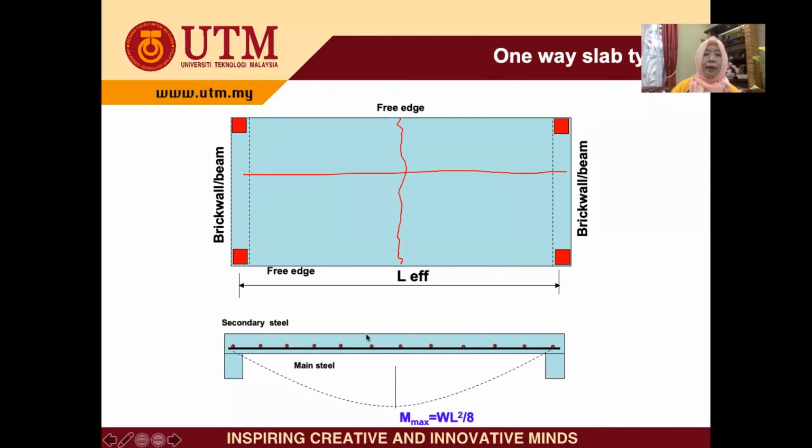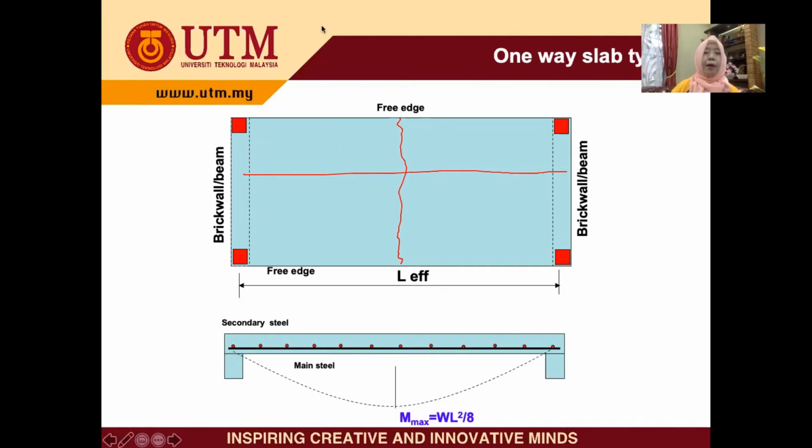This is the thickness of the slab. We need to put our steel following this direction. We call it L effective, from the center of the beam to the center of the beam.